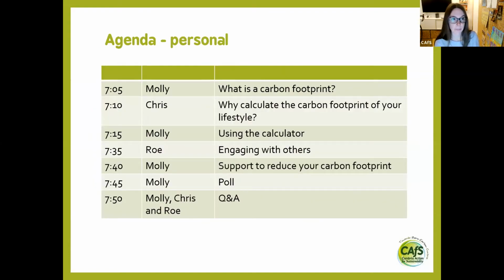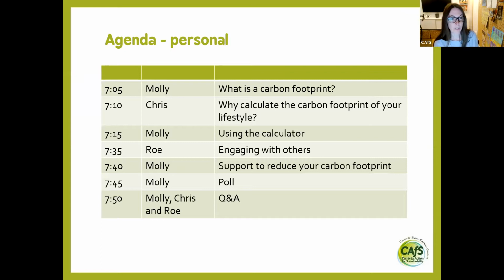So on to the agenda. I'm just going to start off with a brief recap or explanation of what a carbon footprint is, because I'm sure we all know the terms, but not everybody might be exactly clear on what we mean by that. Then I'm going to hand over to Chris, and he's going to talk about the benefits of calculating the carbon footprint of your lifestyle. It's then back to me, and I'm going to do a walkthrough of the calculator itself, telling you how to sign up and create an account, and then actually enter all of your data.